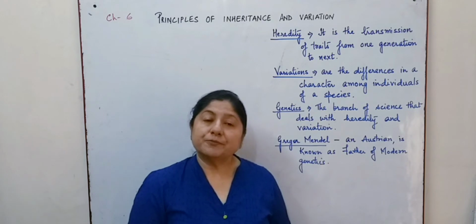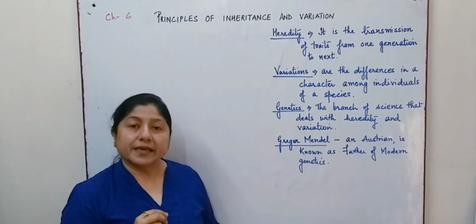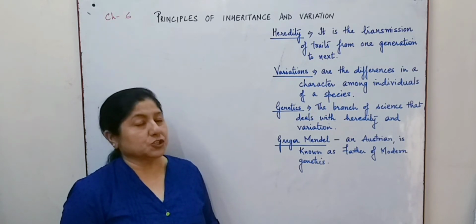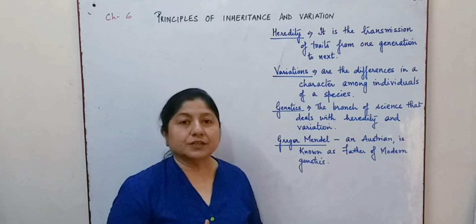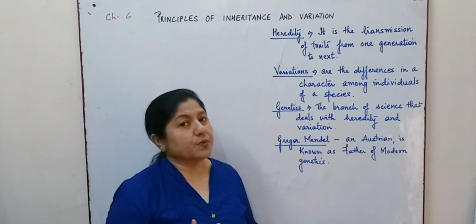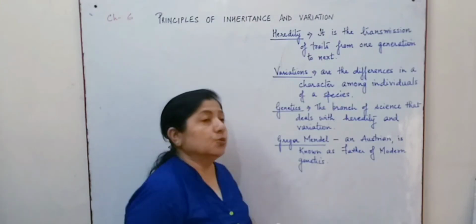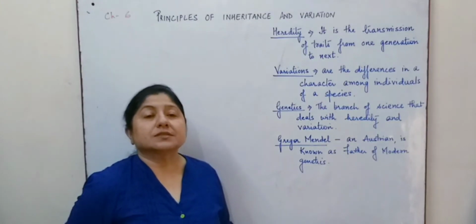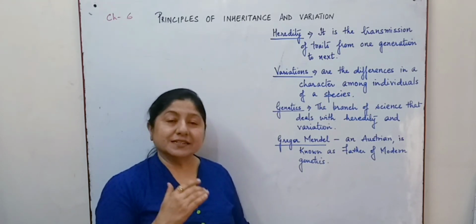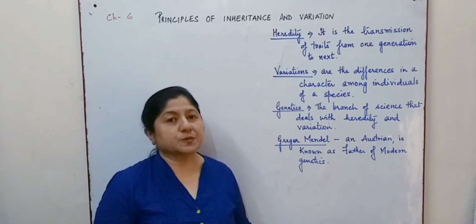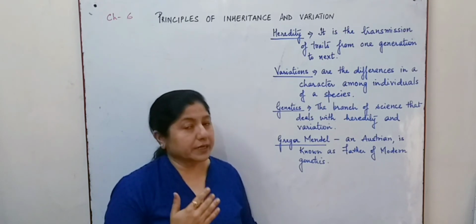Genetics is the branch of science that deals with the study of heredity and variation. So genetics is a complete study of the pattern of inheritance and how these variations are introduced. Gregor Mendel, who was an Austrian mathematician and biologist, conducted a series of experiments, and on the basis of his experiments he came to a few conclusions.